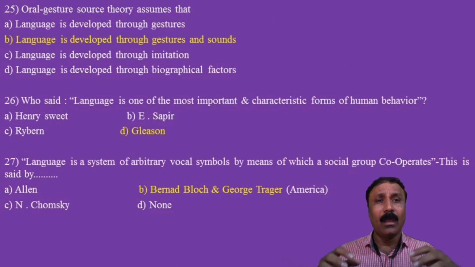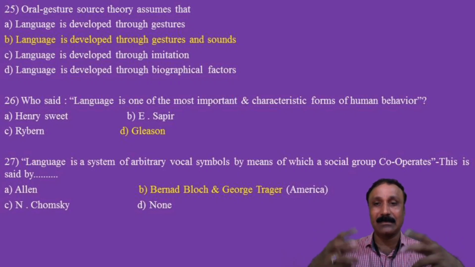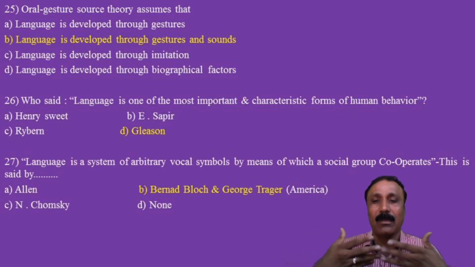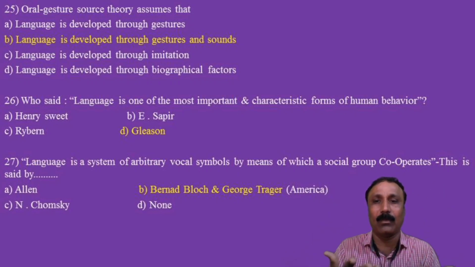And the oral gesture source theory assumes that language is developed through gestures and sounds. See, right now I am speaking, I am making some gestures with my hands and making sound. This is how language is developed through gestures and sounds.